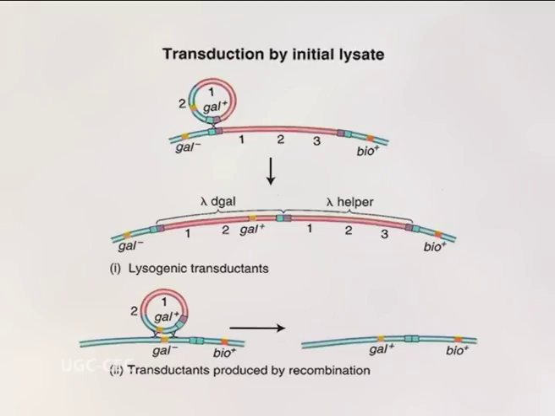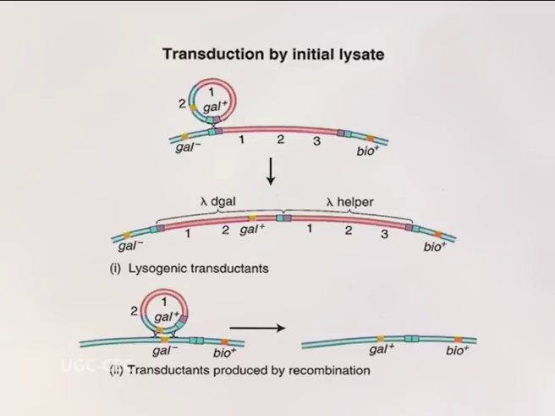Transducing phages also may have lost some genes essential for reproduction. Stable transductants can arise only if there is a double crossover event on each side of the gal site. The normal phage integrates, yielding two bacterial or phage hybrid att sites, whereas the defective lambda dgal phage can insert as shown in the figure.